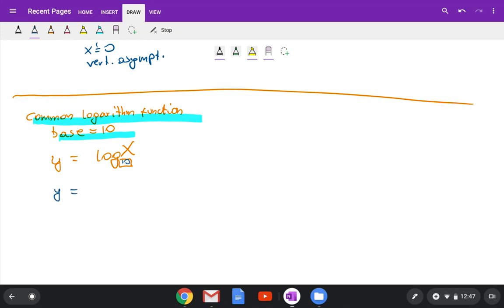So y equals log base 10 of x, we're just writing as log of x. Don't forget, if you don't see the base, it's the common log, which means the base is 10. This function is also increasing.